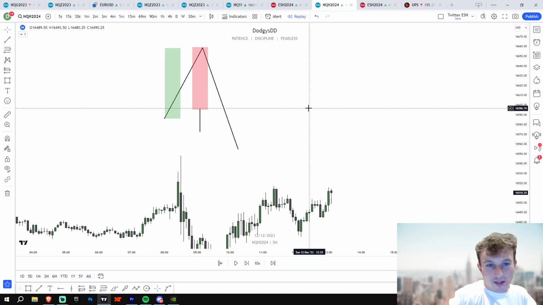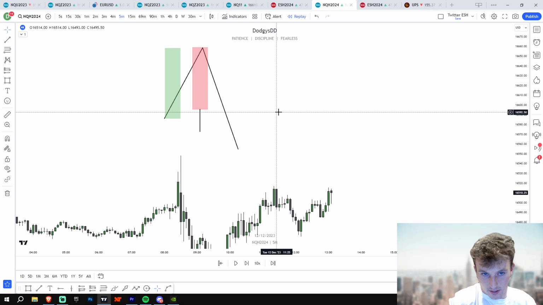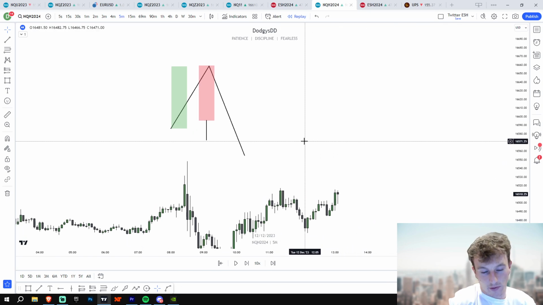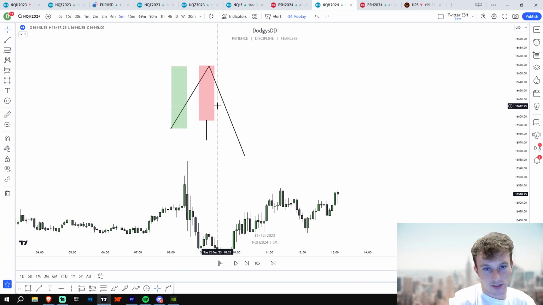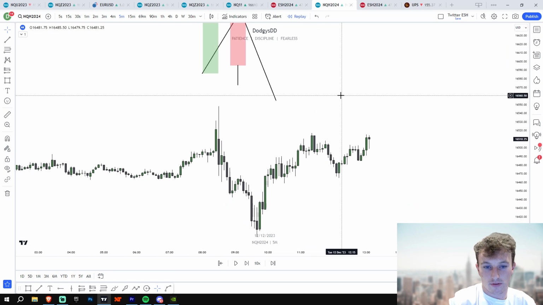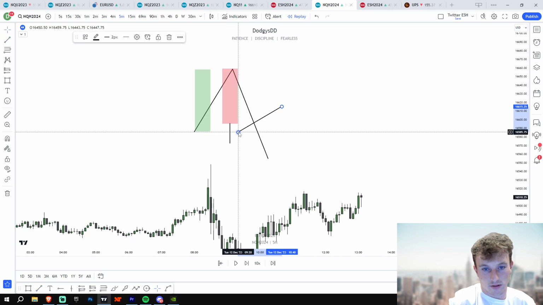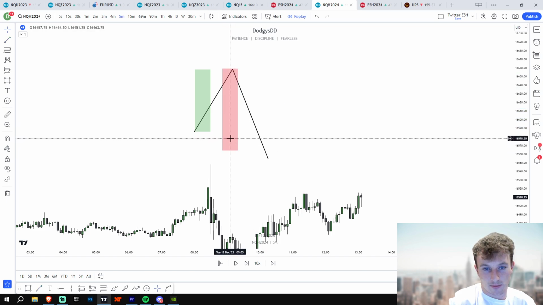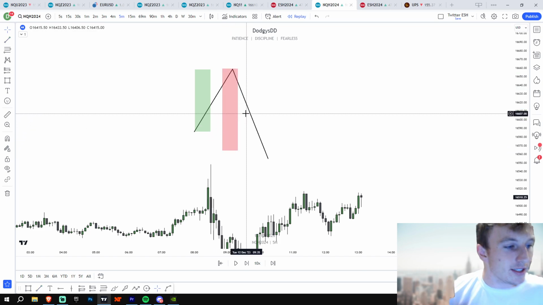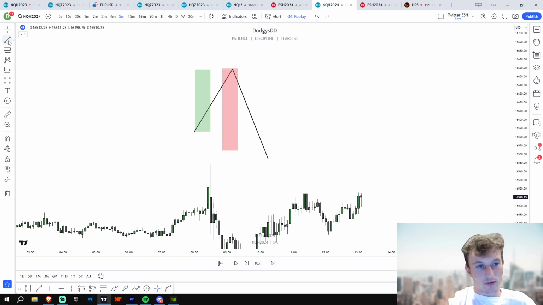Now, the two things that I've seen people use this with is sweeping liquidity and not sweeping liquidity. There's kind of two different takes on this. When we actually get the chain of state delivery where the candle legit closes below, is it really a chain of state delivery if we don't take out some sort of liquidity?